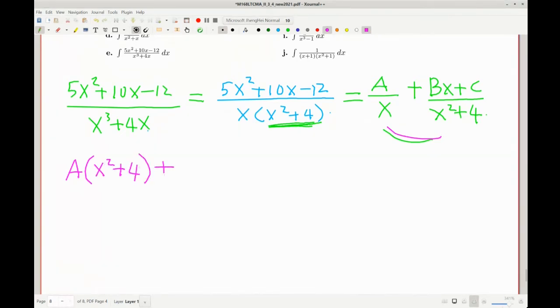This is where my formula for fractions becomes super important. Bx plus C into x. This is so important, I'll write my formula down again. A over B plus C over D is equal to what, guys? What is A over B plus C over D?